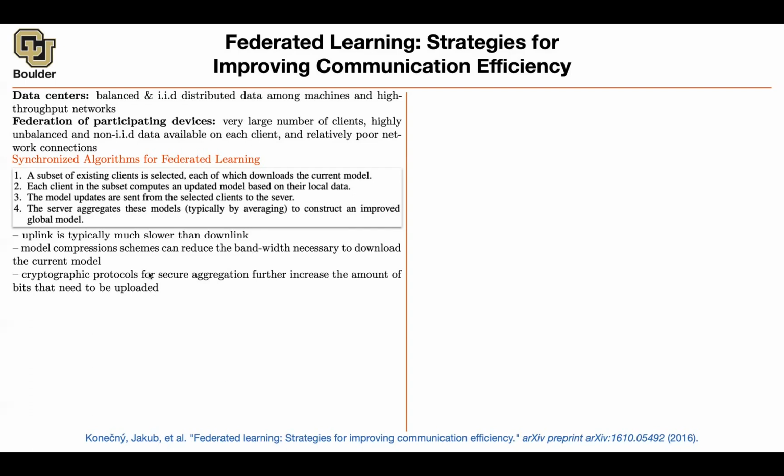When it comes to uplink, when the clients need to communicate with the server, we want to protect the data. We are not communicating the data with the server. We are communicating the model parameters, but it turns out that for some types of data and some types of models, it is actually possible to invert the model and back-calculate the data that gave you those parameters or those updates.